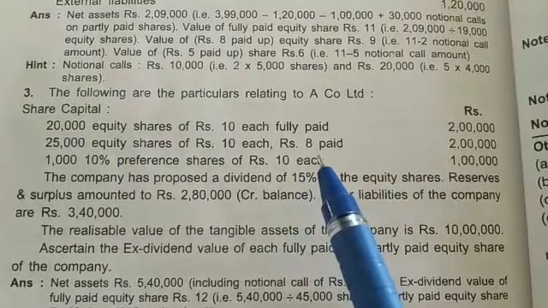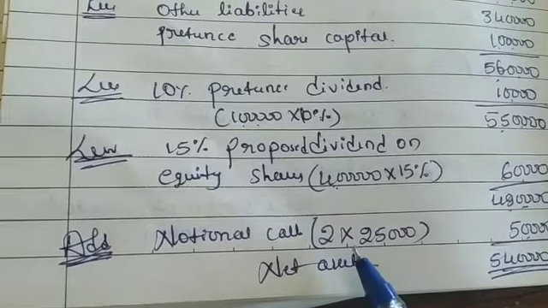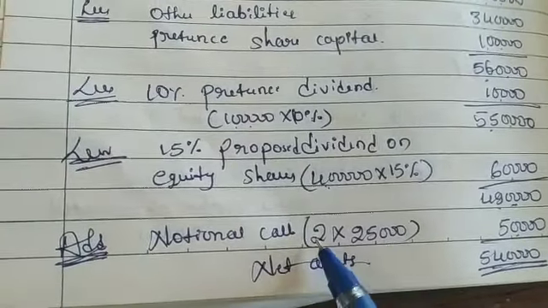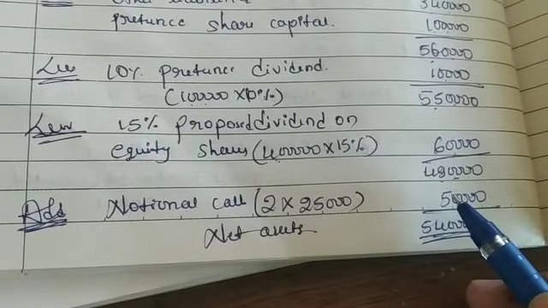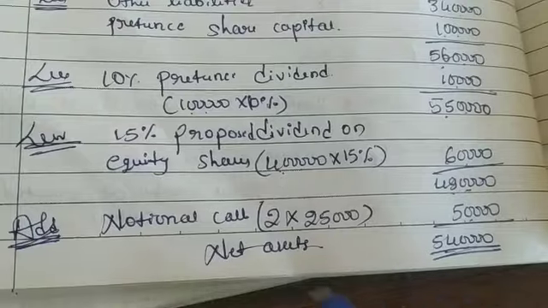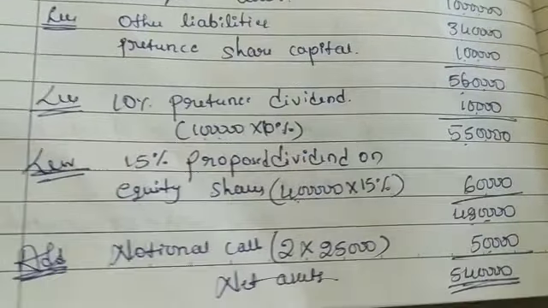We add that here: 25,000 into 2 is 50,000. Adding that to the net value, the total is 5,40,000 net assets available to the equity shareholders.